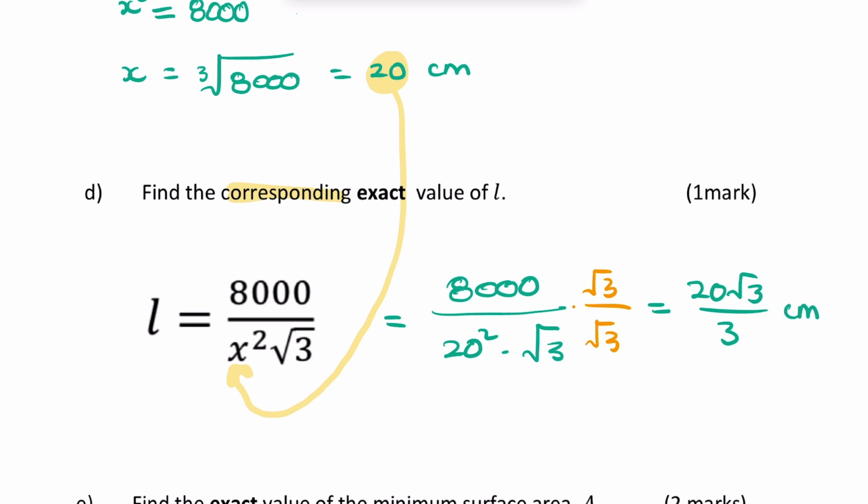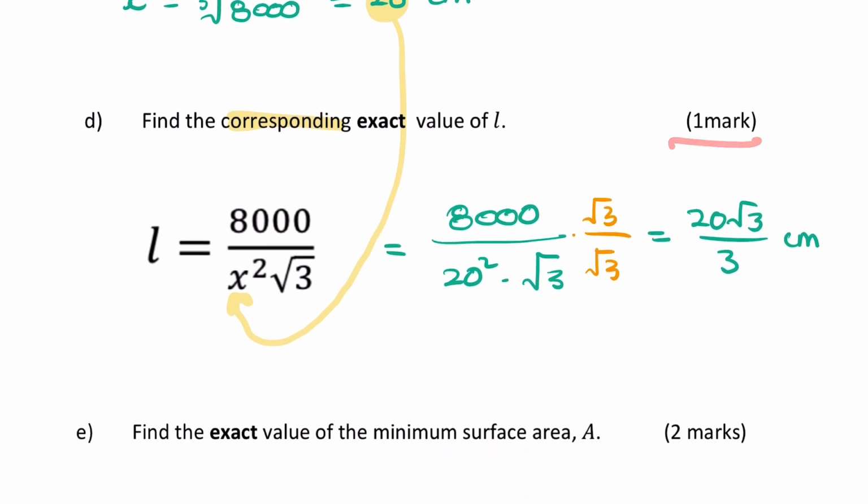Centimeters, sorry, because we're finding the length. So 8,000 divided by 400 is 20. Root 3 multiplied by root 3 is 3. So that's your answer to this part.